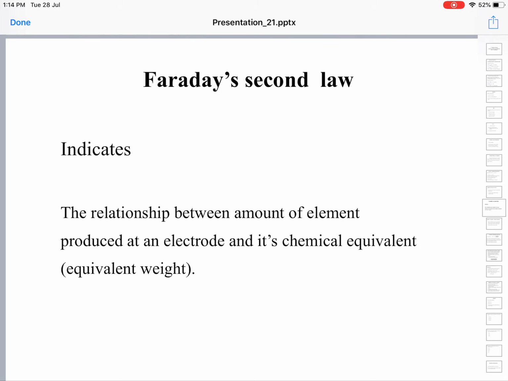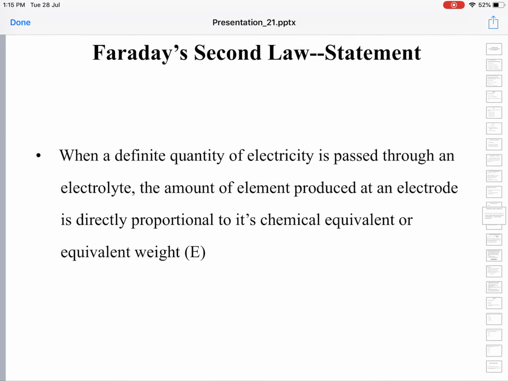So Faraday's second law can be stated as: when a definite quantity of electricity is passed through an electrolyte, the amount of element produced at the electrode is directly proportional to its chemical equivalent or equivalent weight.